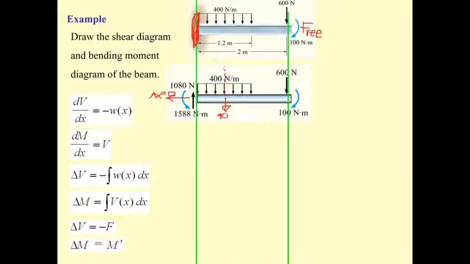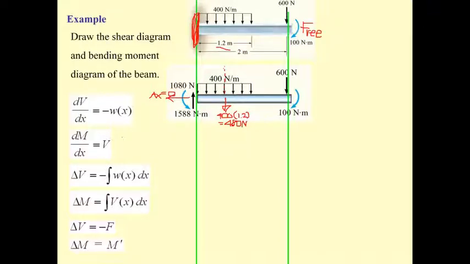The size of this is 400 Newton per meter, times 1.2. Then you may get this to be 480 Newton, which is the resultant of this uniformly distributed load.